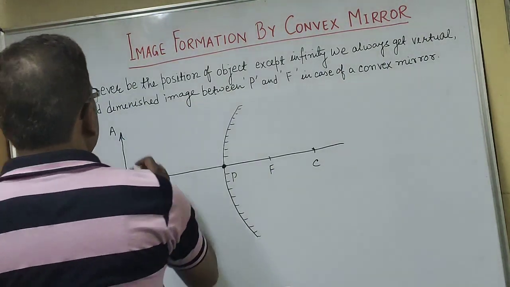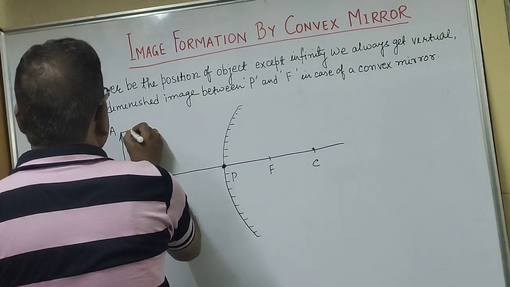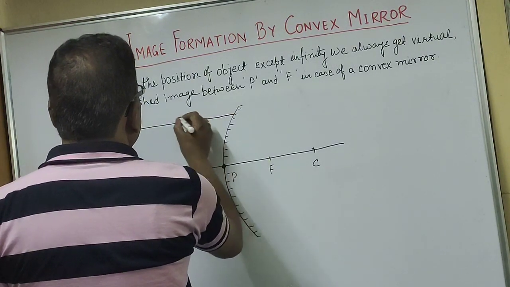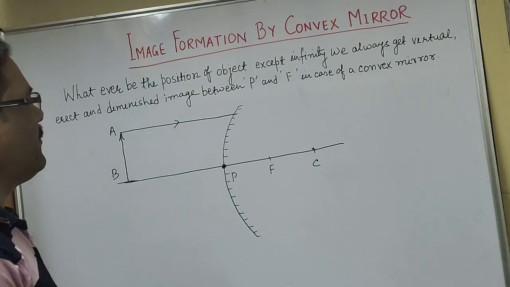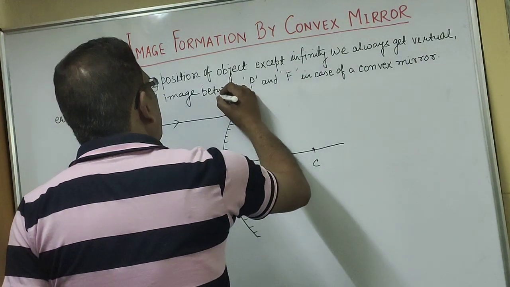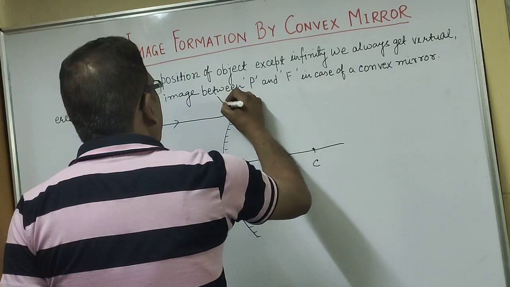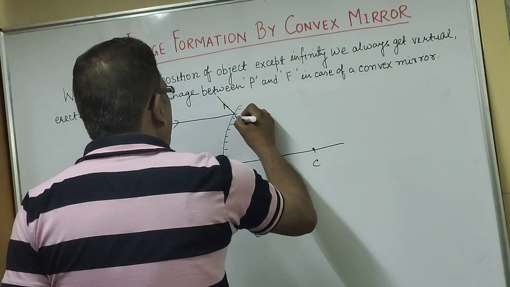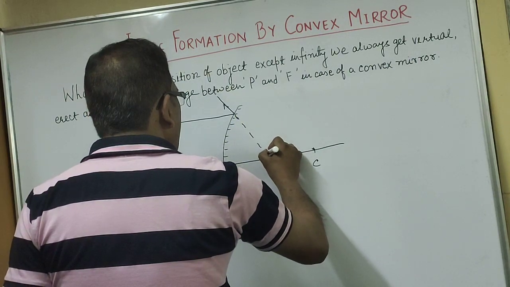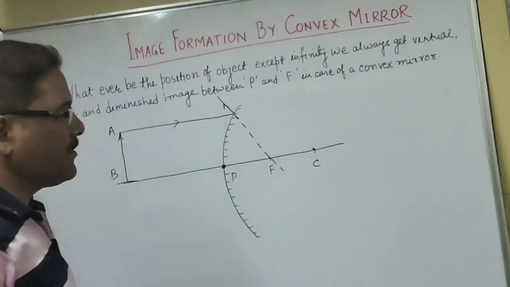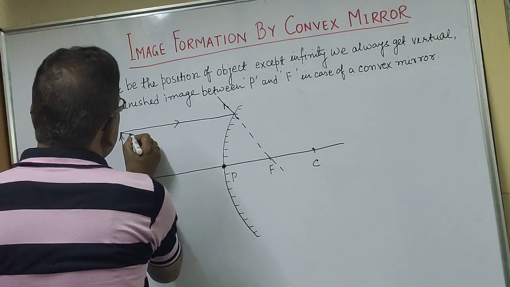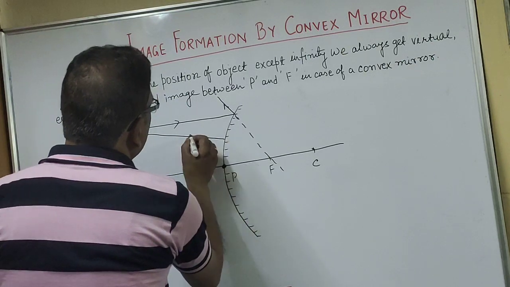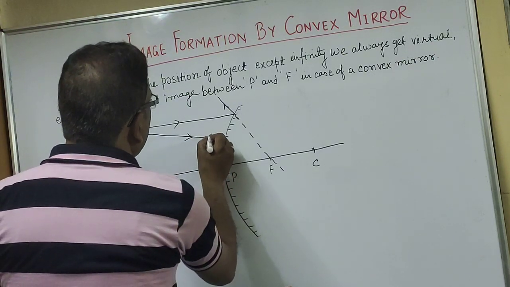From the object again we will take two rays of light, one parallel to the principal axis, and according to the rule, as you know, when a ray of light is parallel to the principal axis, it will pass through focus after reflection. So this ray will reflect back, but when you produce it backward, it will pass through focus. Take another ray through the center of curvature. This ray will return back along the same path.